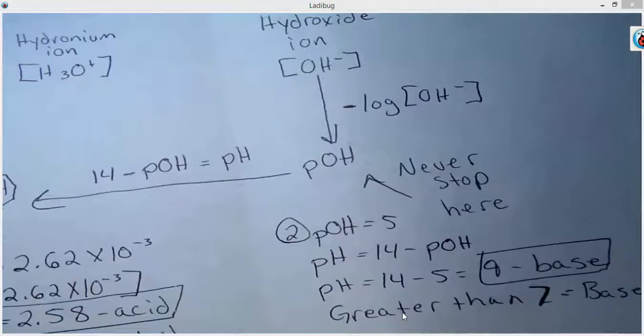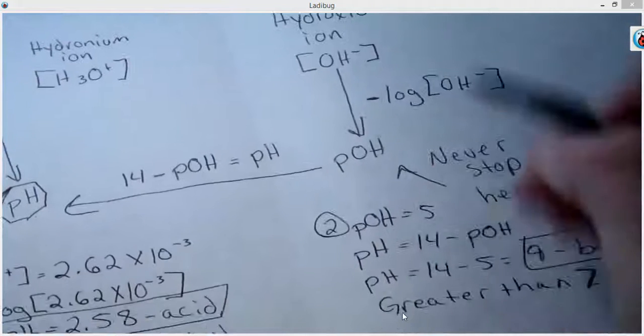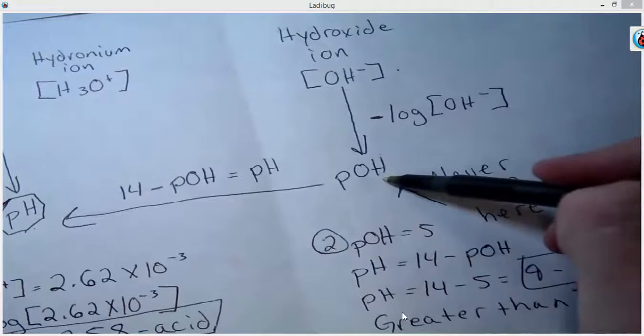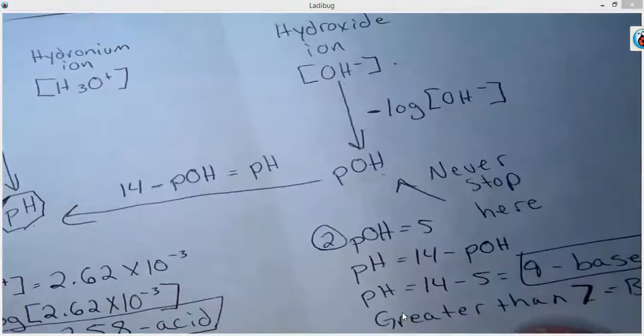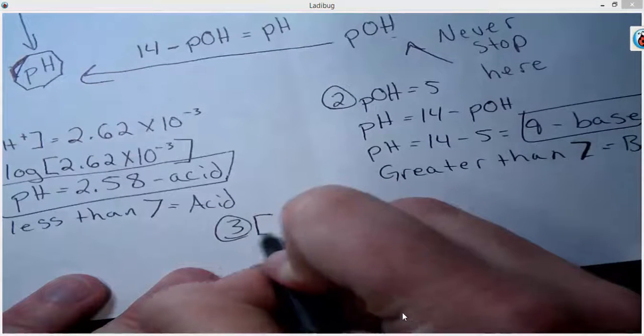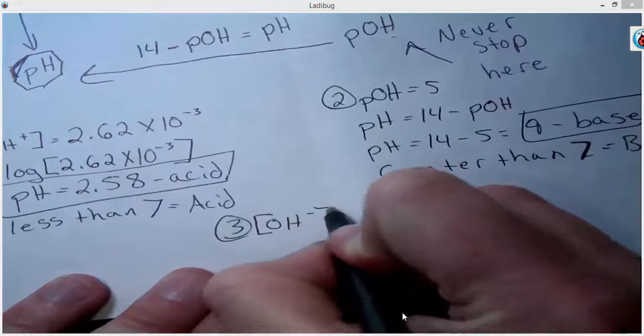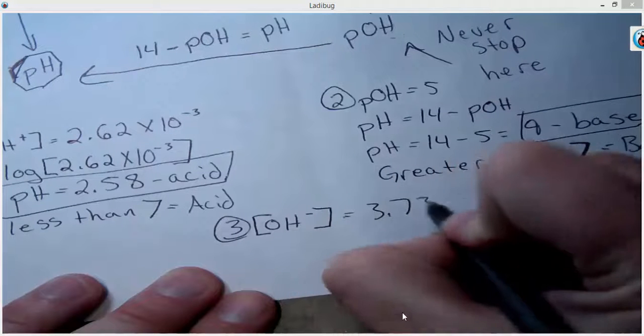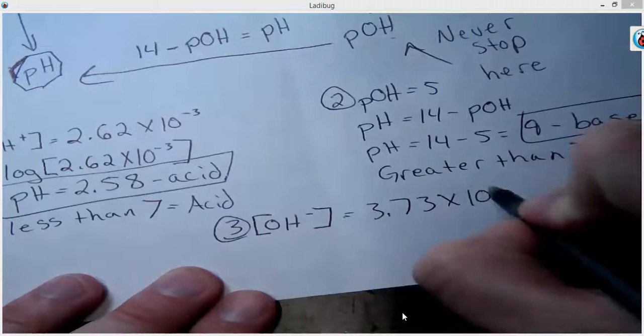Then our final example is if we're starting here with the hydroxide ions, we have to move down, get the pOH, and then use that to get the pH. That'll be our last example. They give us a hydroxide ion concentration of 3.73 times 10 to the negative 8.